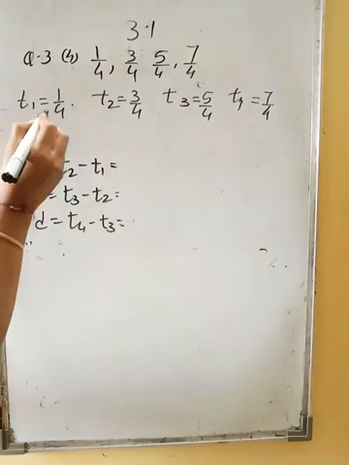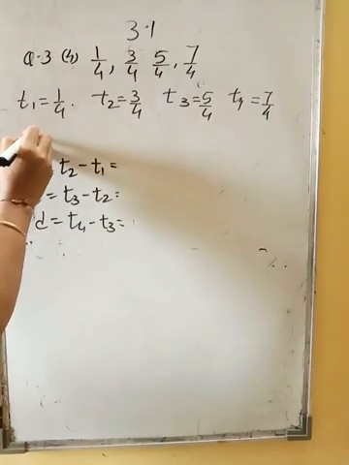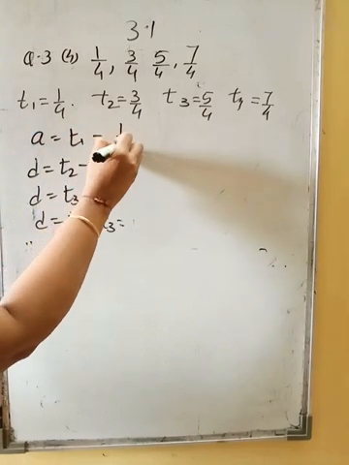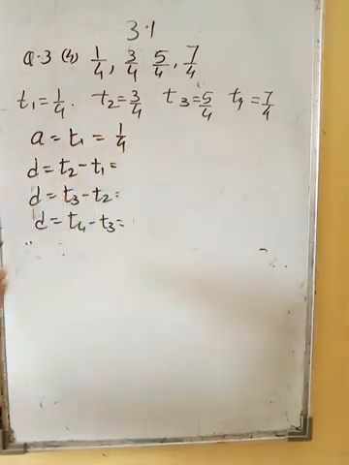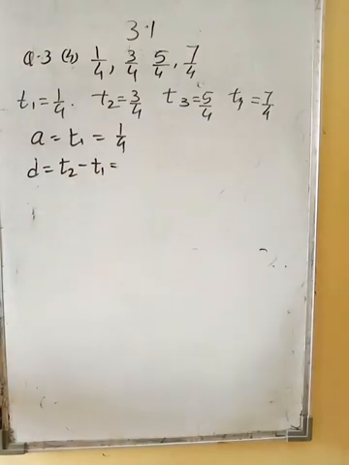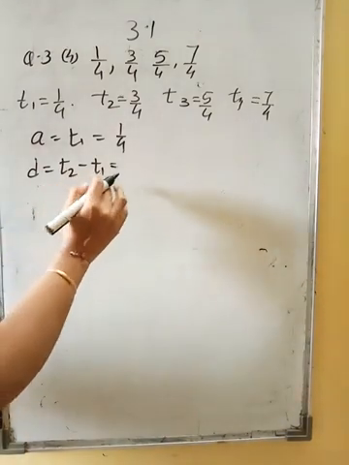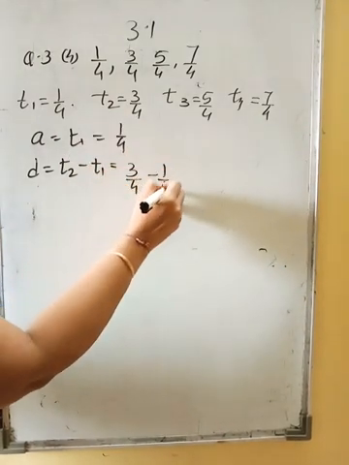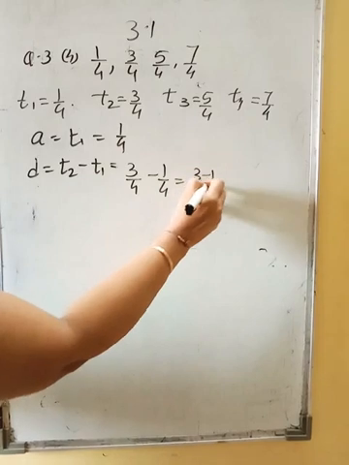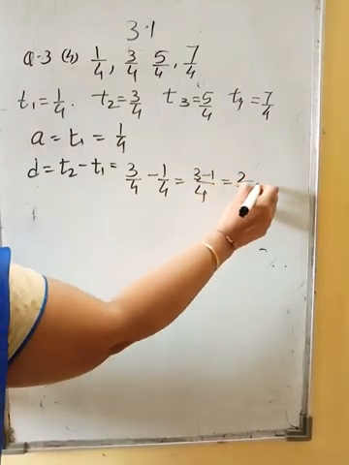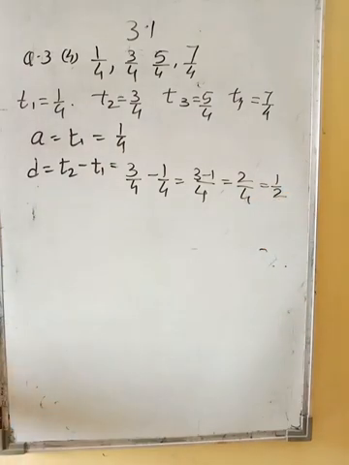So our A is equal to T1, so that is 1 upon 4. Now we will be writing difference T2 minus T1. So that is 3 upon 4 minus 1 upon 4, which comes out to be 3 minus 1 upon 4, which is 2 upon 4, which is 1 upon 2.